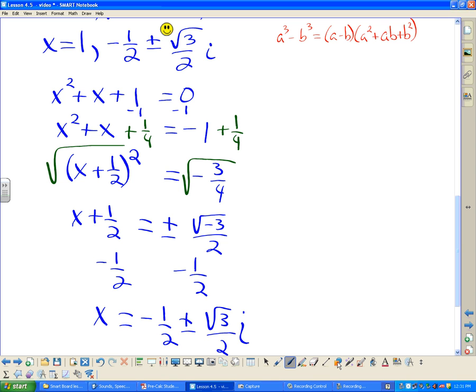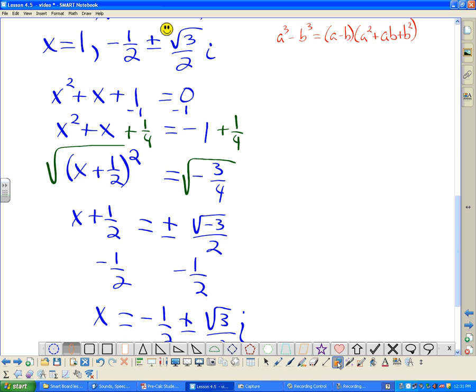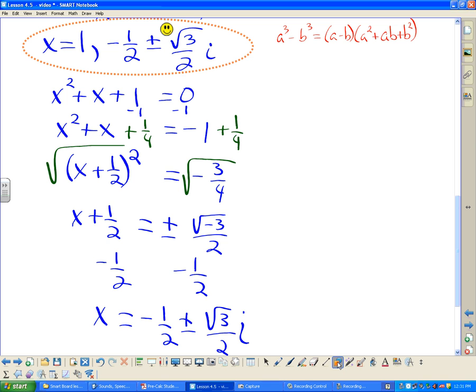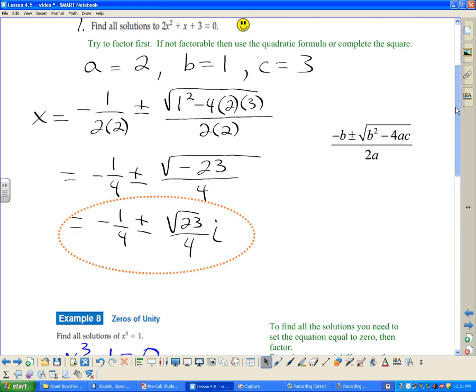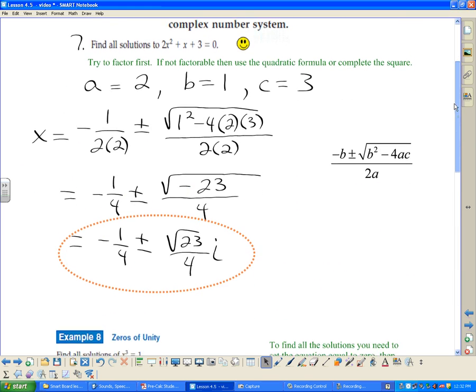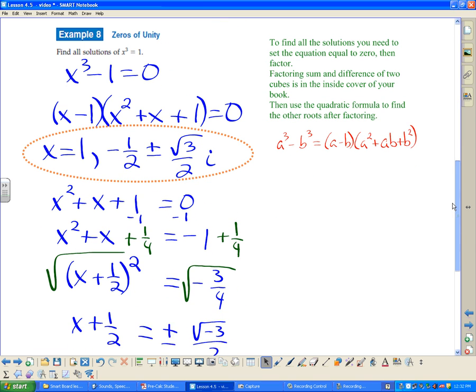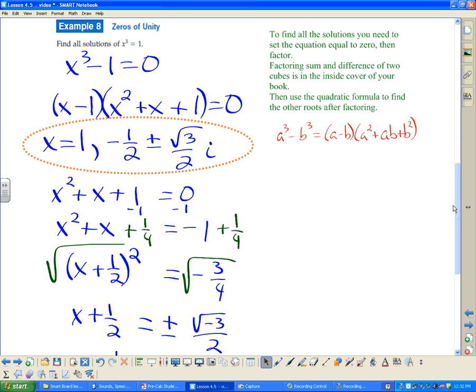And that would be our solution then to this problem. All right, so we have found, from example 7, solutions to a quadratic equation. And in number 8, we have a cubic equation here that we can also find all the solutions for, real and non-real.